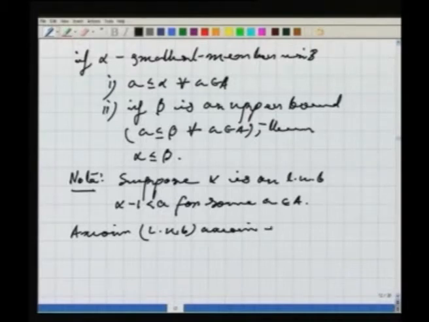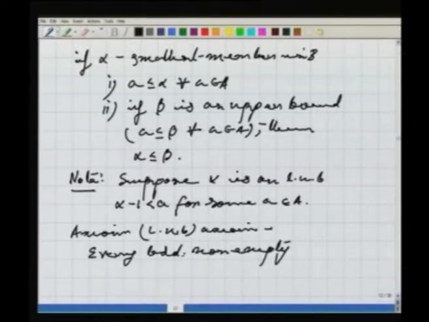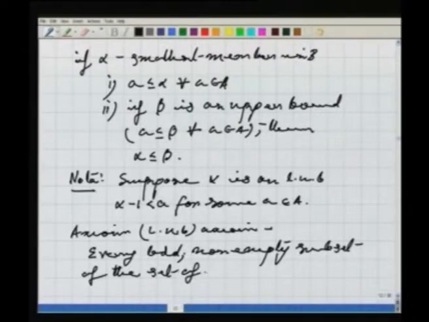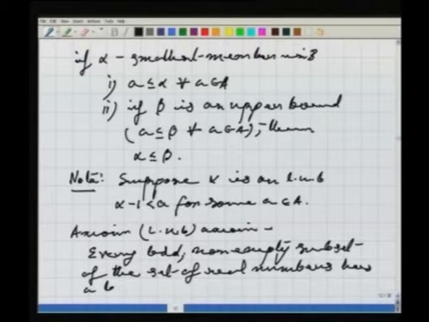It just says that every bounded non-empty subset of the set of real numbers has a least upper bound.